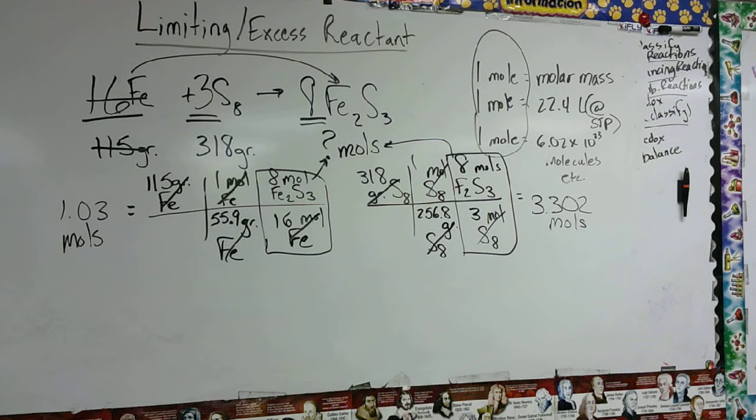Now what they're going to ask in a question is how many moles of Fe2S3 are produced? You have 2 separate answers. So let's go back to empirical formula. We divided by the mass, and then what did we do?